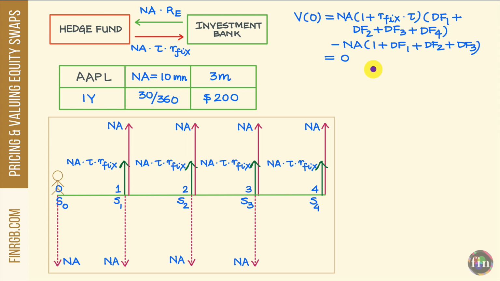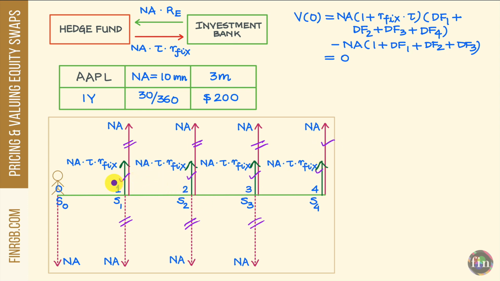Now please note that in this equation you will have a number of cancellations, and these cancellations are actually quite evident in this diagram itself. This one cancels with this one, it cancels with this one, cancels with this one. As far as my cash inflows are concerned, what I am left with is this one, this one, this one, this one, and this one.